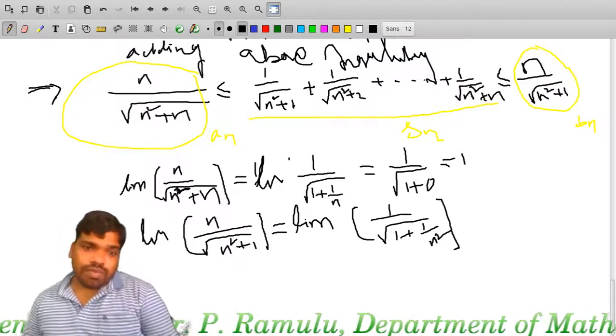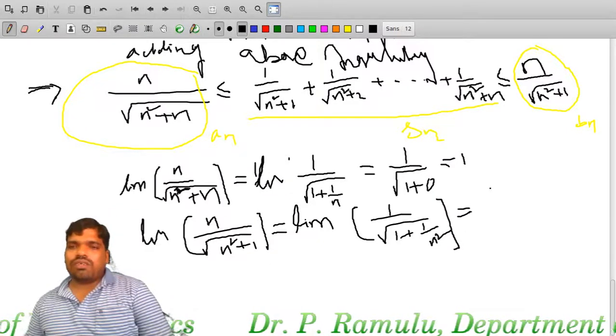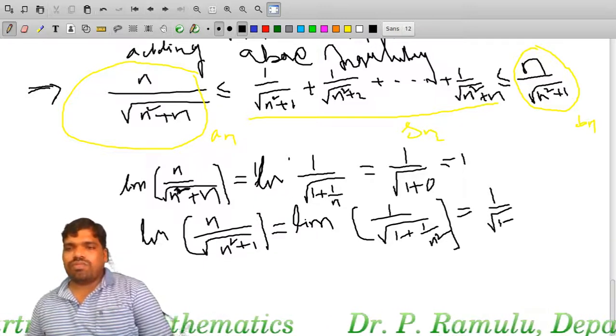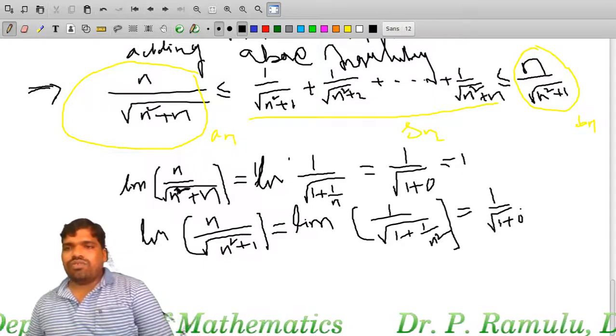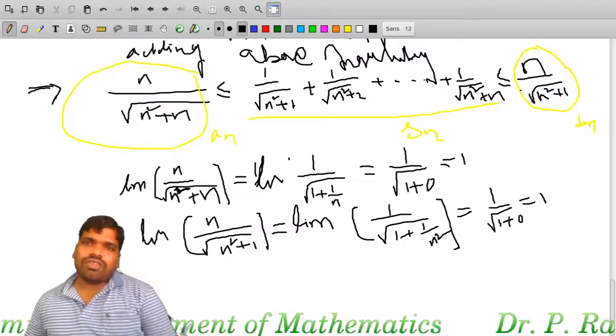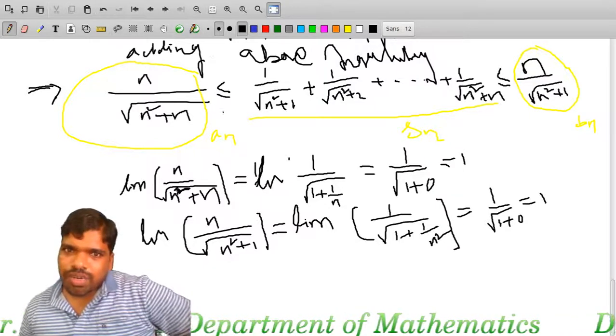If I take n square common out, 1 plus 1 by n square, n cancels out, we will get the same value, 1 by square root of 1 plus 0. That equals 1, right? This limit is 1, this limit is 1, the middle one also has the same limit.